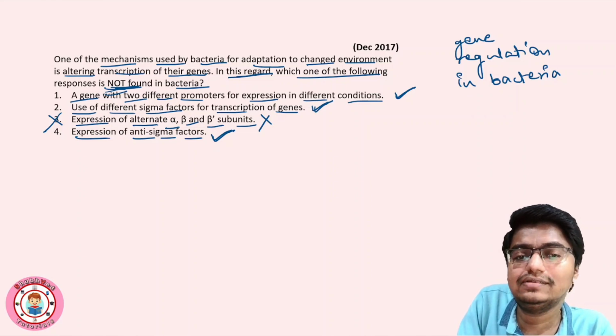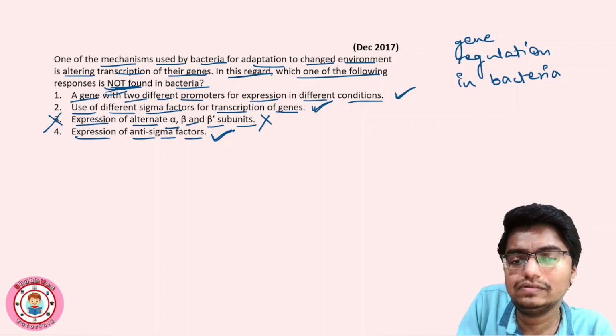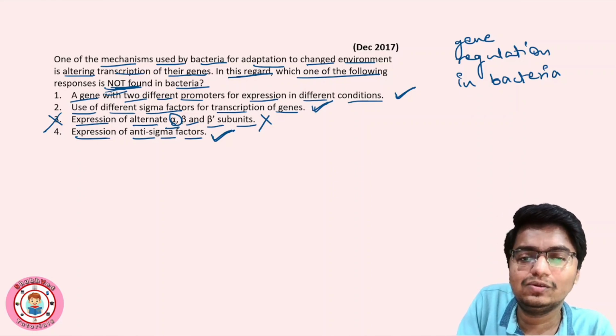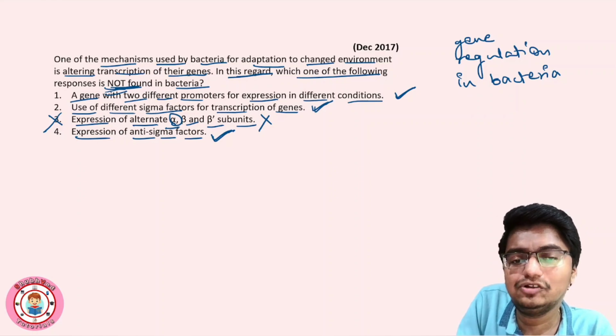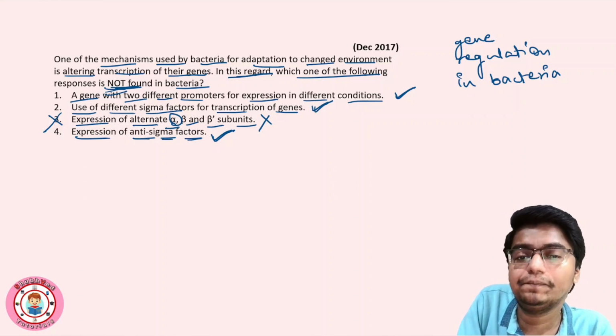So they have to express, because we know alpha is for promoter recognition, beta, beta dash catalytic है. Okay, so these are important and they should express at the same time. Anti sigma factor क्या हो सकता है?